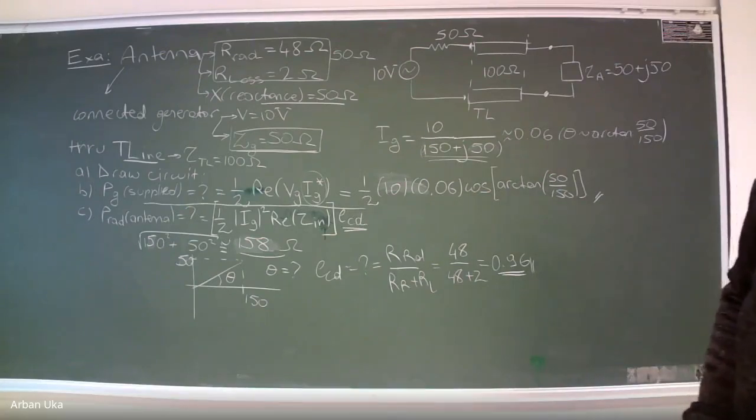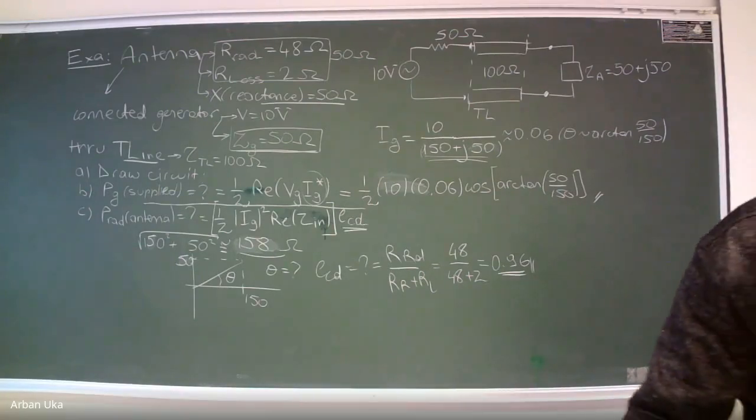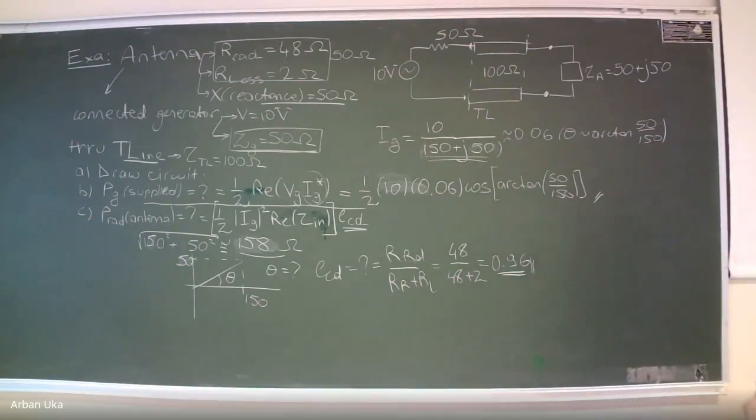Now we have to multiply, we have the IG square. I mean, that value we can easily identify, but we need now to... this is the real part of Z input impedance.